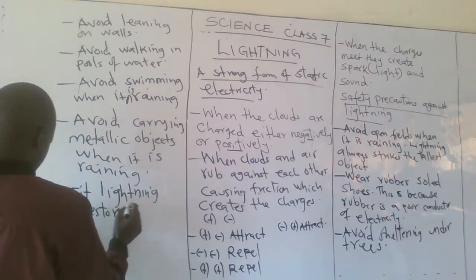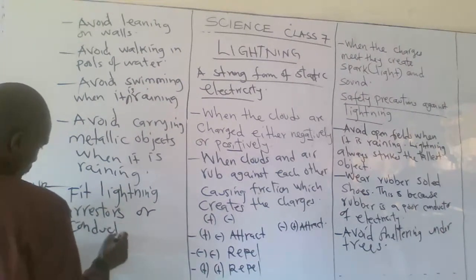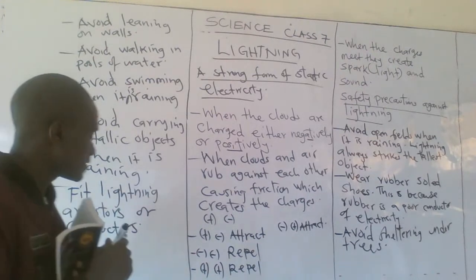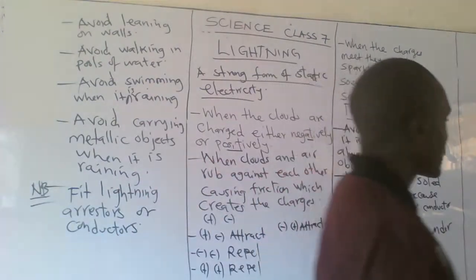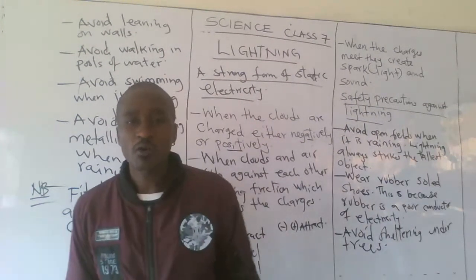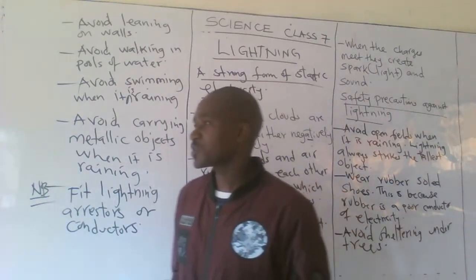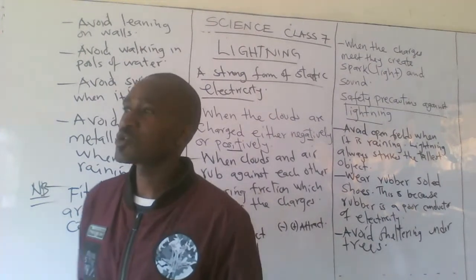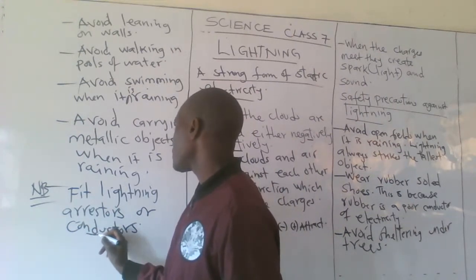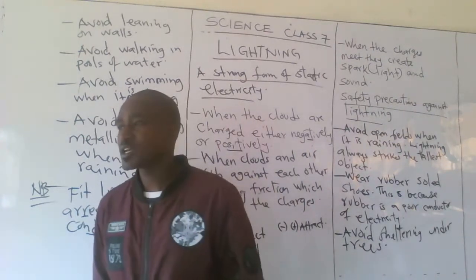This one protects us against lightning. The lightning arrester will be the tallest thing within your compound, so all the charges are attracted to it. As we said, lightning is attracted to the tallest thing within the compound. Since the lightning arrester is a good conductor, all those charges will be attracted towards it, and all will be taken to the ground.